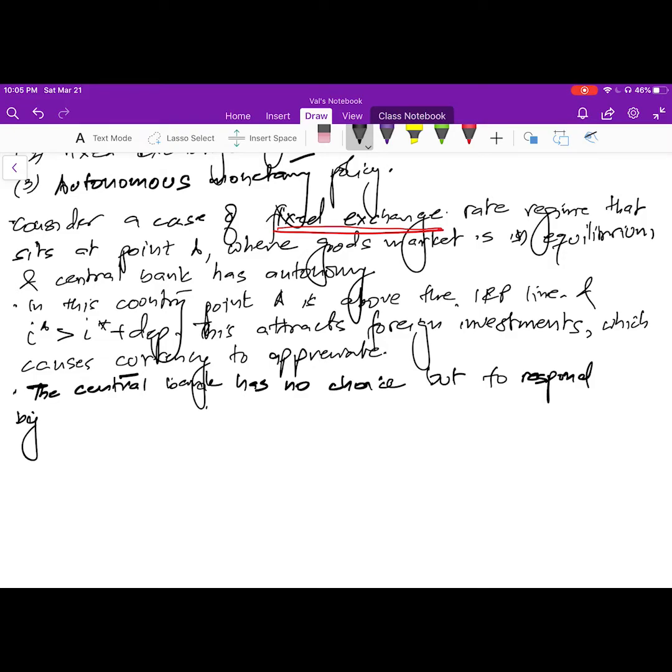So the central bank has no choice but to respond by selling its currency and buying up reserves of foreign currency.